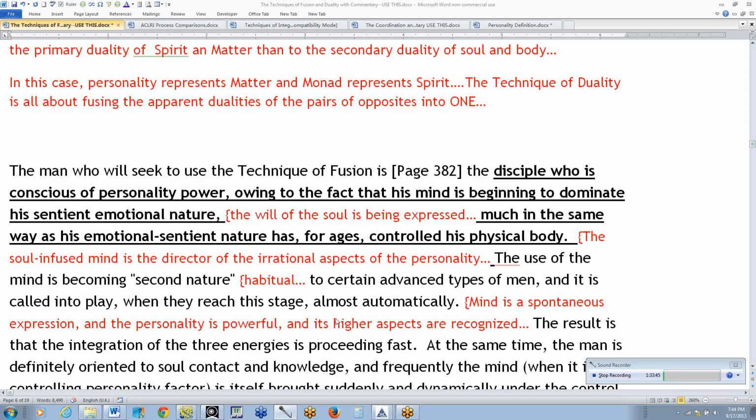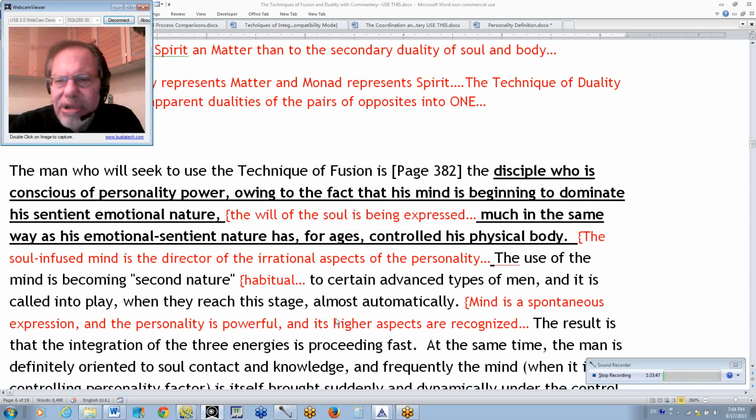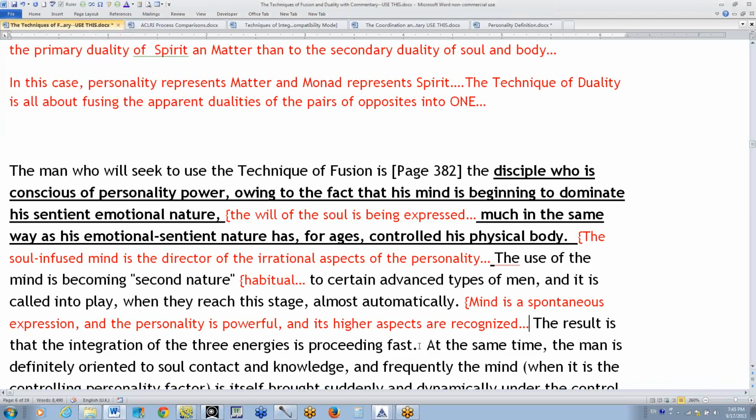So it's important here to know who will use this technique. I mean, just because we study it doesn't necessarily mean we can use it. And yes, the mind is used automatically at this stage, and the result is that integration of the three energies is proceeding fast.